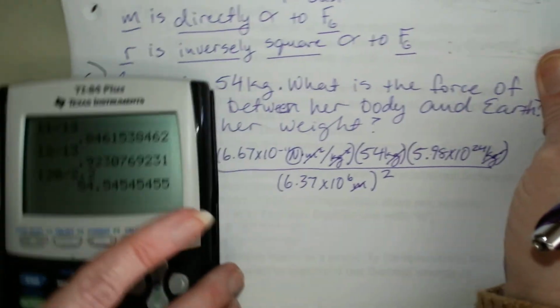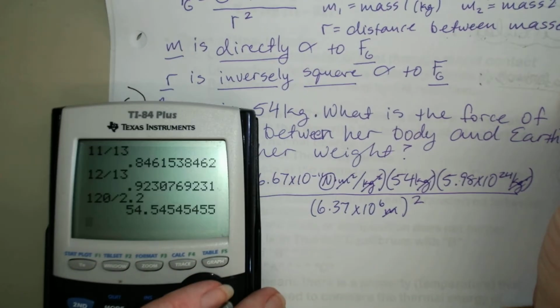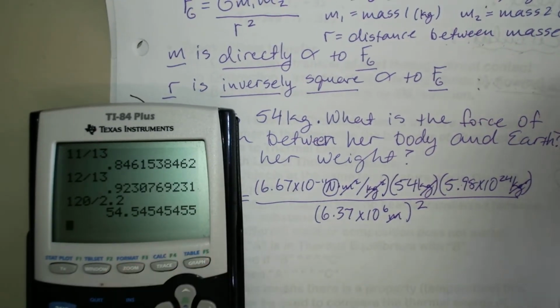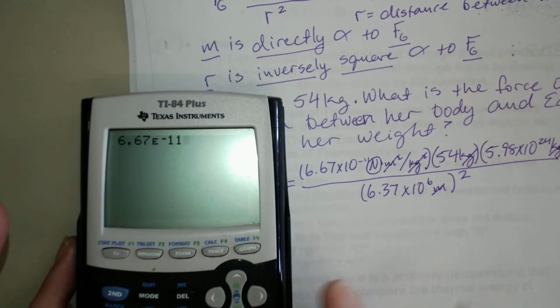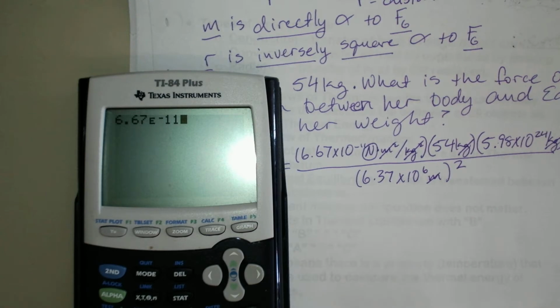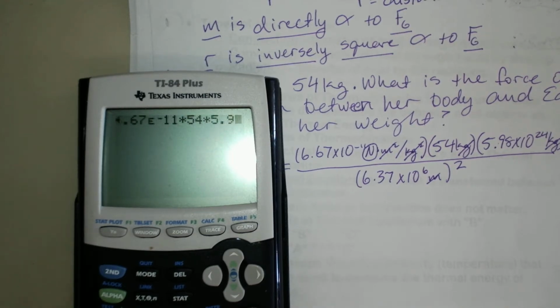So you're going to do 6.67, hit second, comma, negative 11. Not minus 11, but negative 11. And then times 54, and then times Earth's mass, 5.98, second, comma, 24.